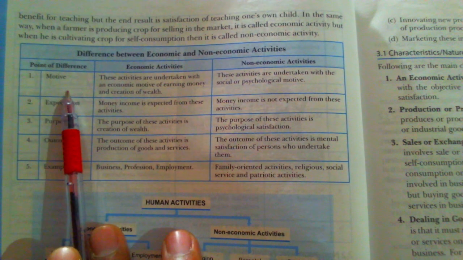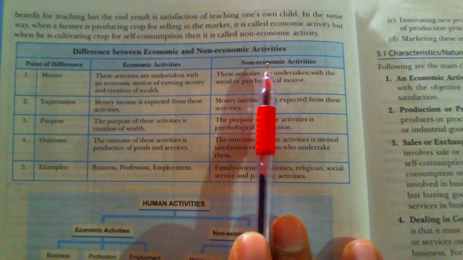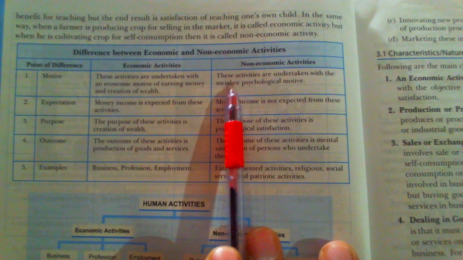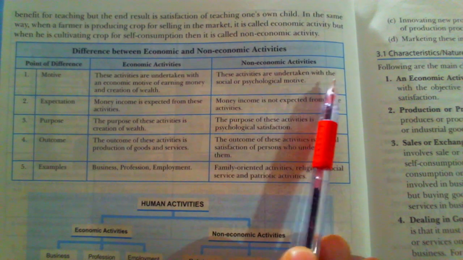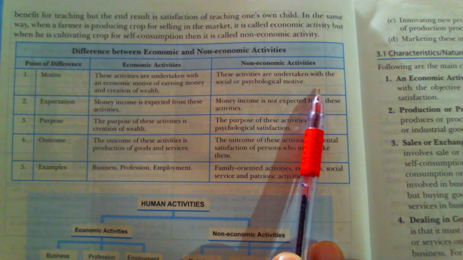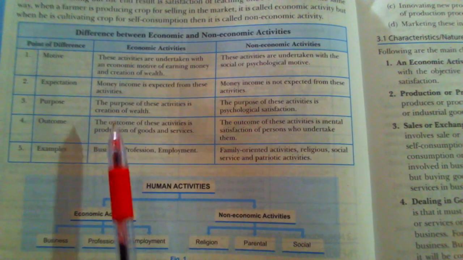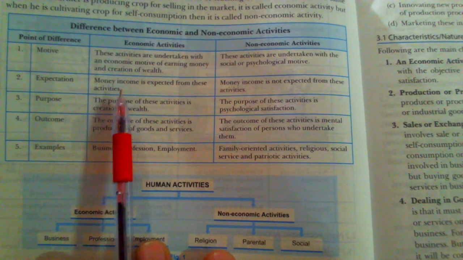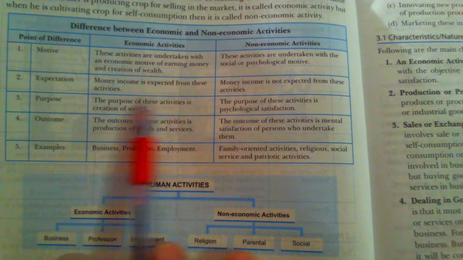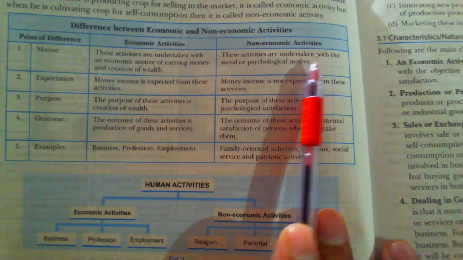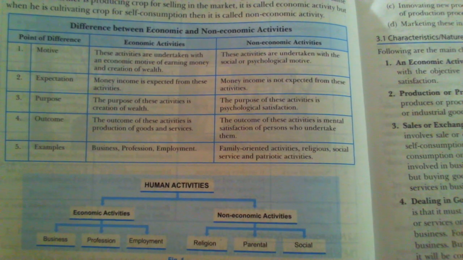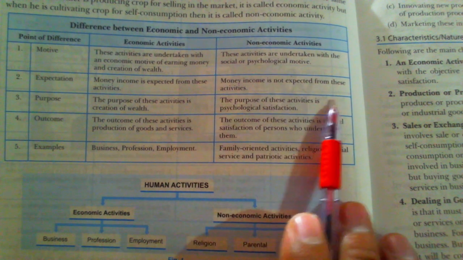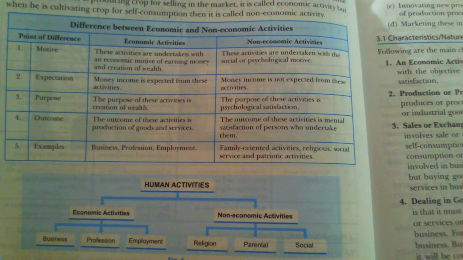Non-economic activities are undertaken with a social or psychological motive. Next difference, expectation. In economic activities, money income is expected from these activities. In non-economic activities, money income is not expected.